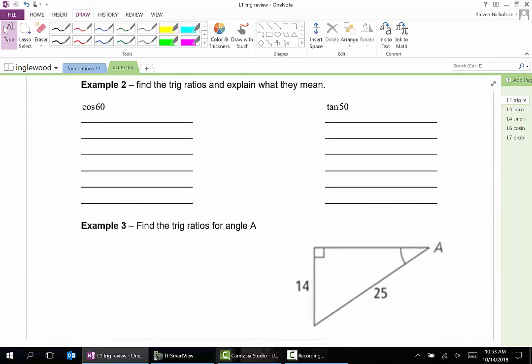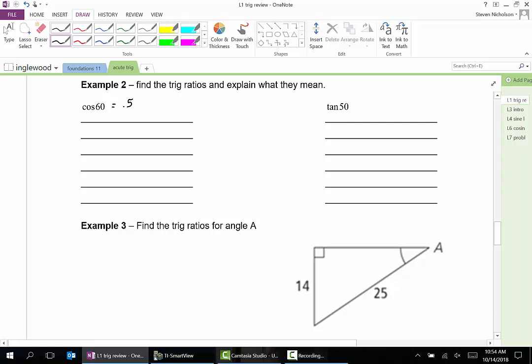Okay, one last thing for this part of the video before we move on to actually solving. Again, is just really trying to understand what these mathematical words mean. So the cosine of 60 is really asking us to understand the relationship between the adjacent side to the 60-degree angle in a right triangle compared to how long the hypotenuse is. So if you punch this into your calculator, here's what your calculator is going to spit out.